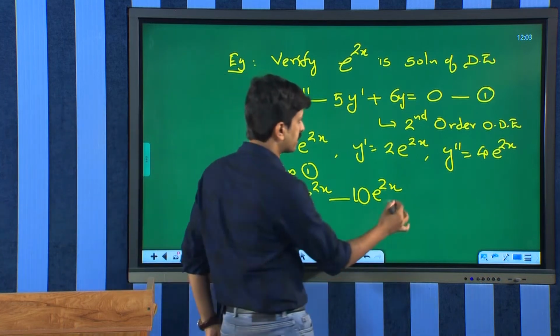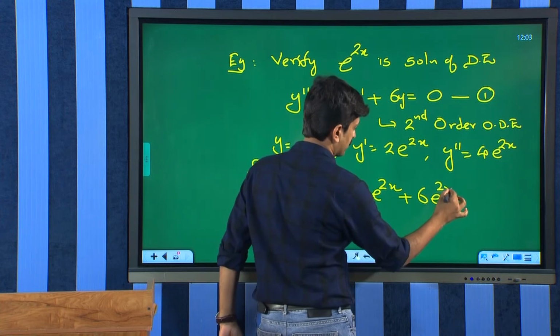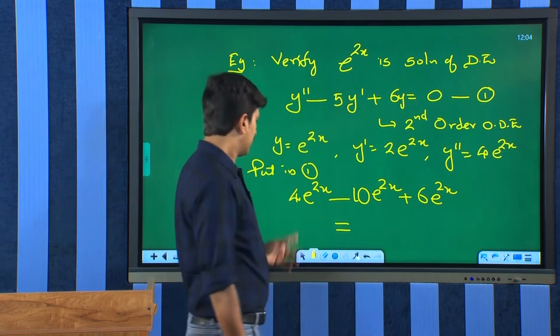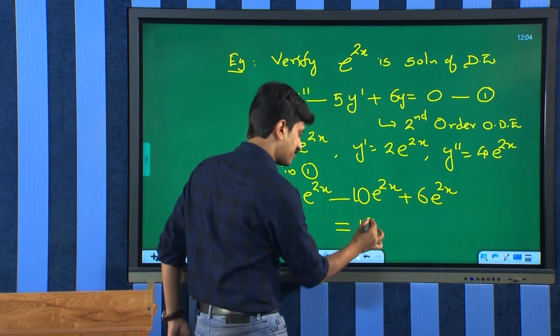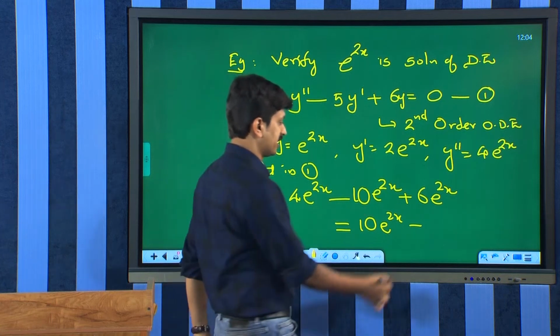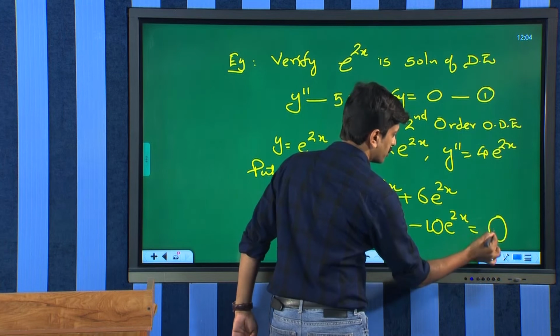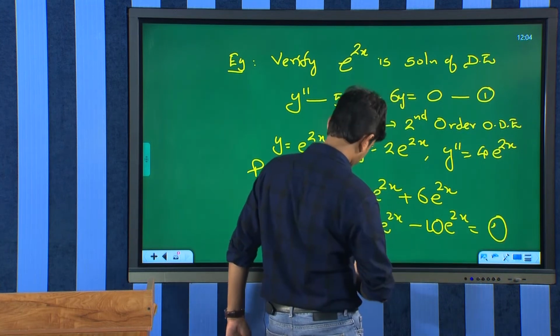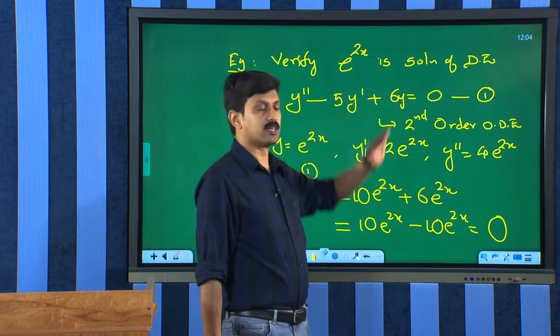So, we have 6 into y, 6e^(2x). Now 4e^(2x) plus 6e^(2x) is 10e^(2x), minus 10e^(2x) equal to 0. Fine. So, it satisfies the equation.